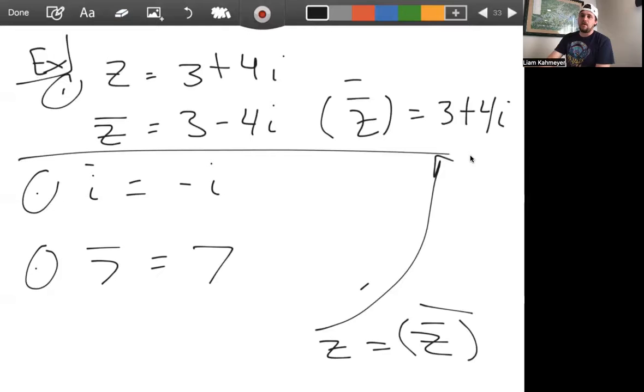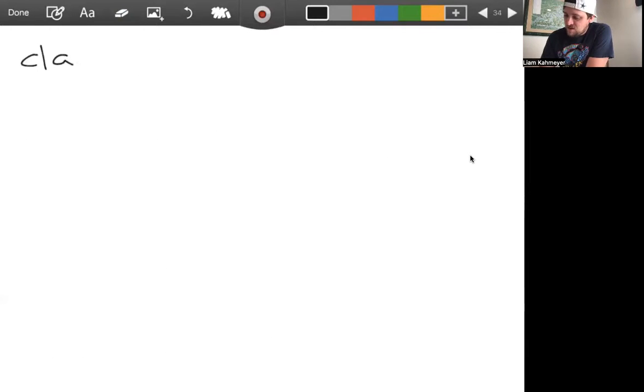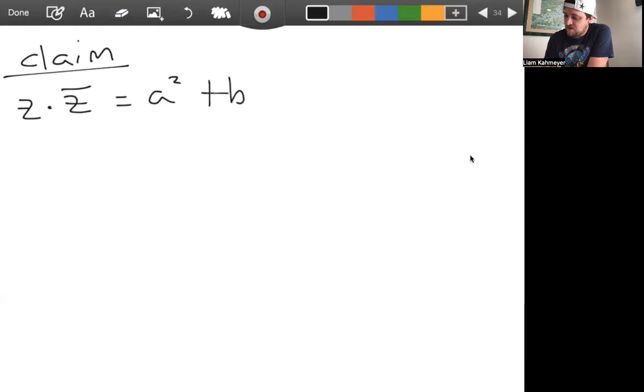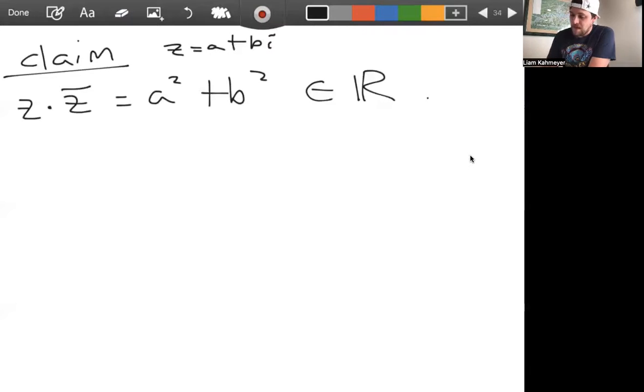So why do we care about the conjugate? Well, one reason we care is, let's look at the following claim. I claim that Z times Z conjugate is equal to a squared plus b squared, which is in the reals, for Z equals a plus bi. And we'll see more why this is important, but for now, let's just build this understanding that if you take Z times its conjugate, you get a real number.